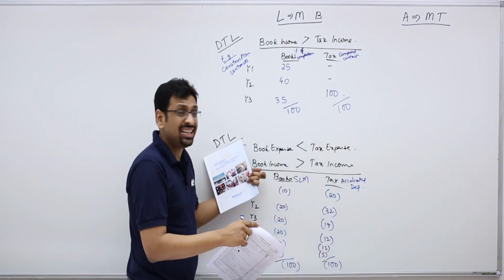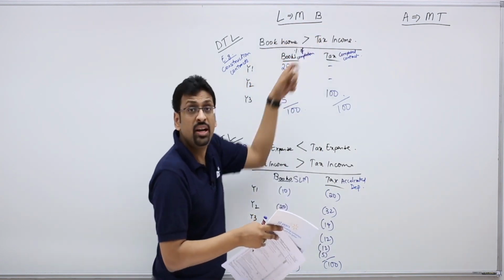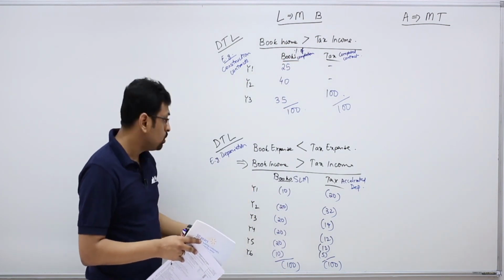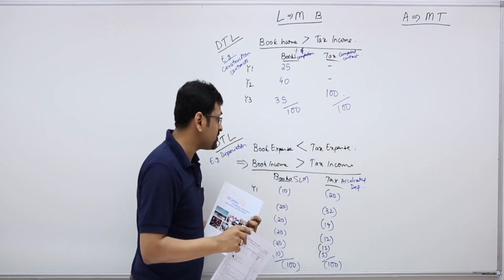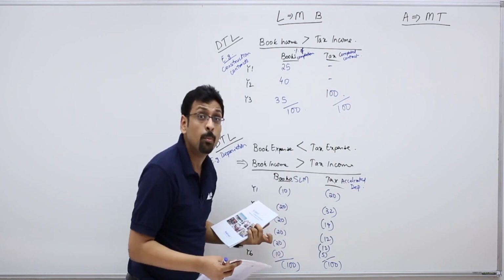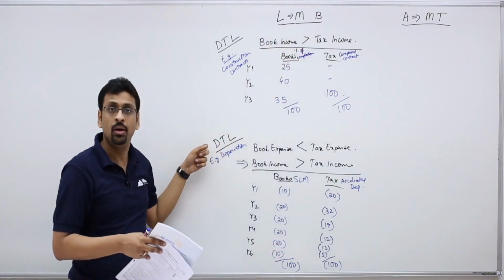Naturally, because you had less expense on your books, your book income was higher. More book income means a deferred tax liability in year 1. Same story in year 2. You had 20 depreciation on your books, 32 on your tax returns. Book expense is less than tax expense, book income is more, and naturally, more book income means a deferred tax liability.